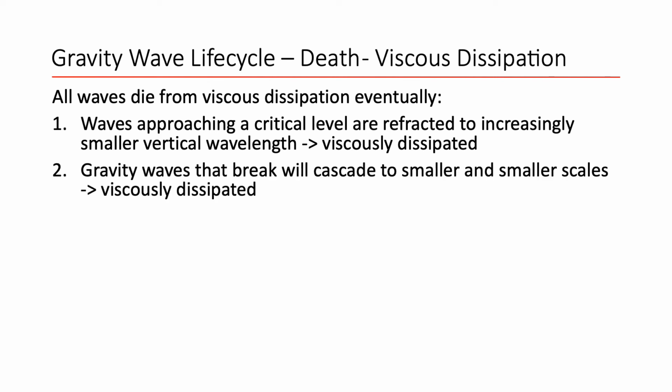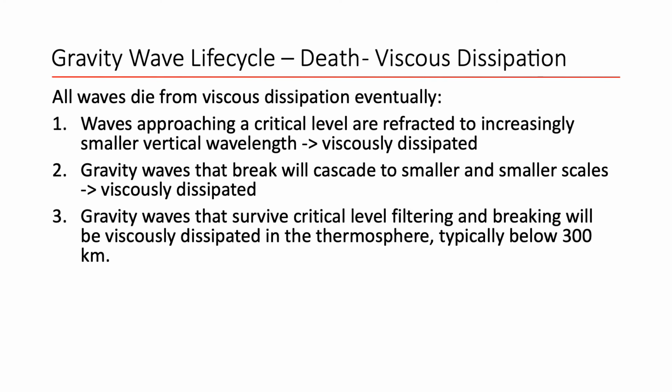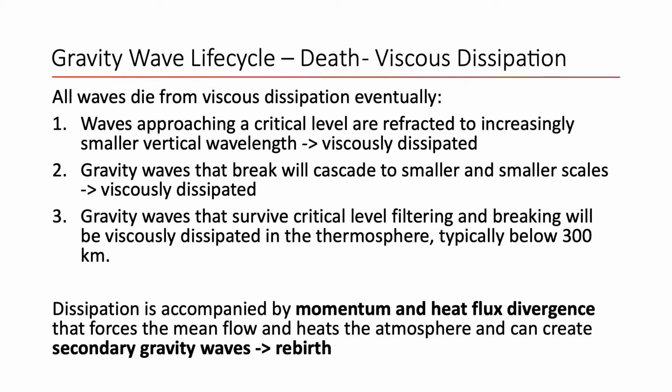Secondly, waves that break will cascade through turbulent processes to smaller and smaller scales, and then eventually they'll get small enough that again viscous dissipation becomes strong and will dissipate these waves. And thirdly, waves that survive critical level filtering and breaking will propagate up into the thermosphere, where the molecular viscosity and thermal diffusivity is very, very large, and they will just be dissipated naturally, and typically the ceiling on this is around 300 kilometers.